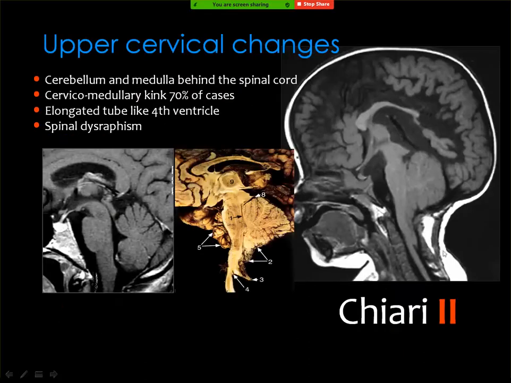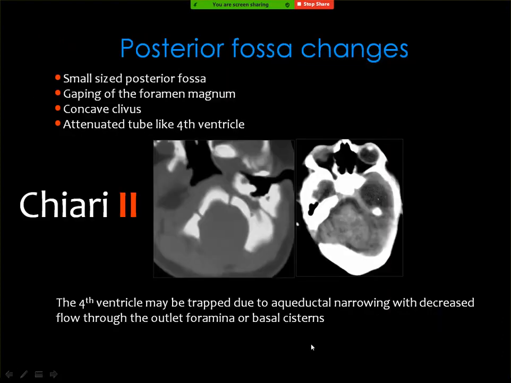Then if you look here, part of the cerebellum is herniating into the upper part of the cervical spinal canal. And this will result in stretching and almost obliteration of the fourth ventricle. This is the normal appearance of the fourth ventricle, and this is a stretched, almost obliterated fourth ventricle, which will result in supratentorial hydrocephalic changes.